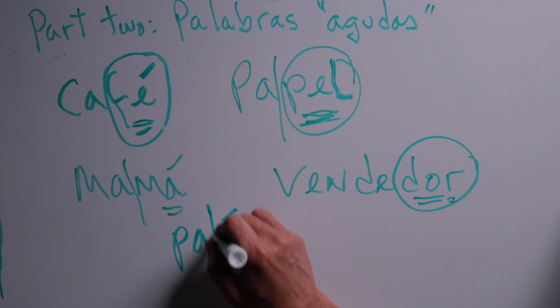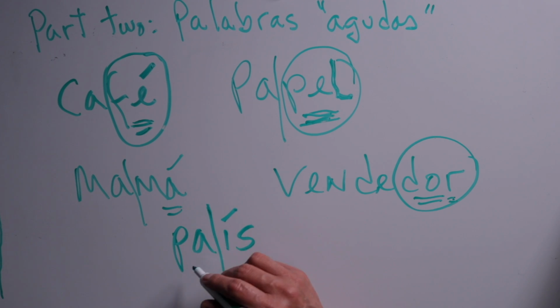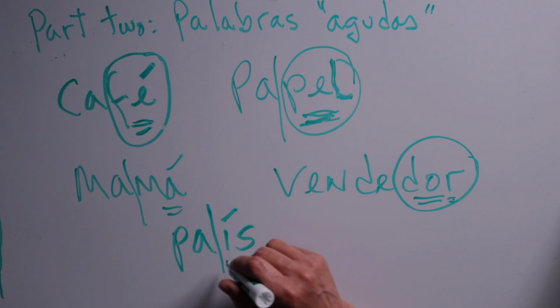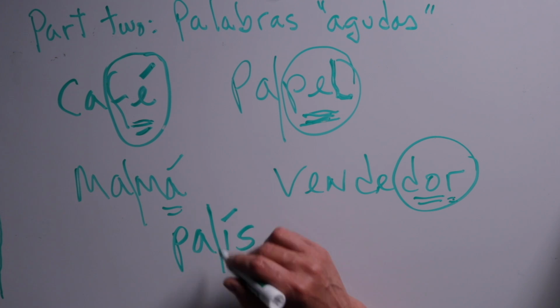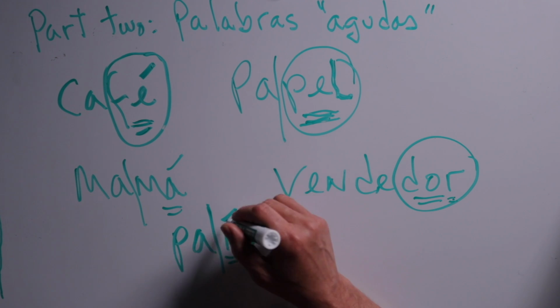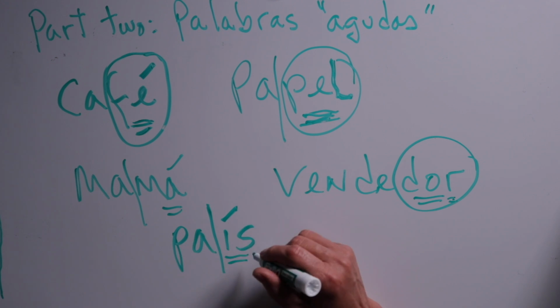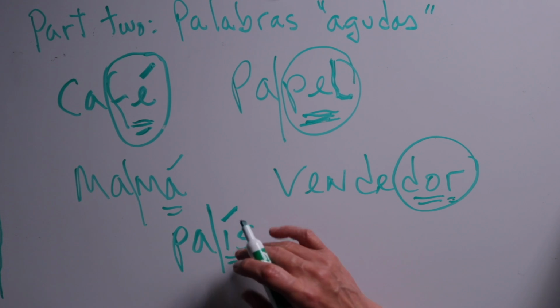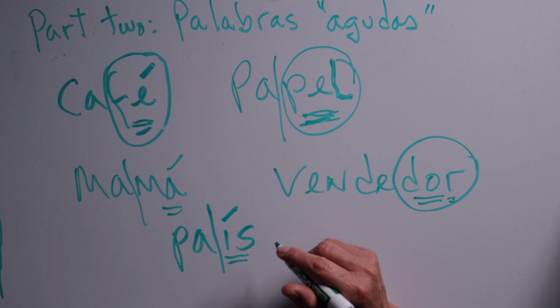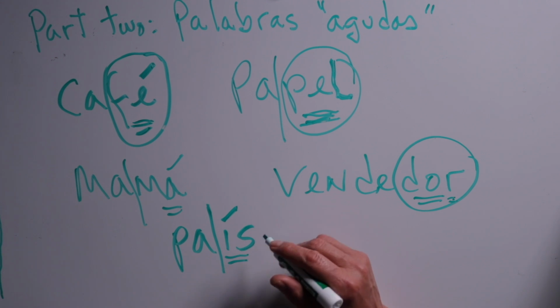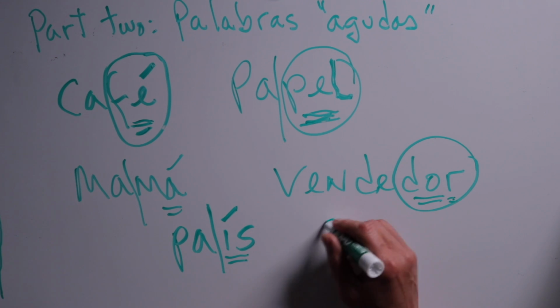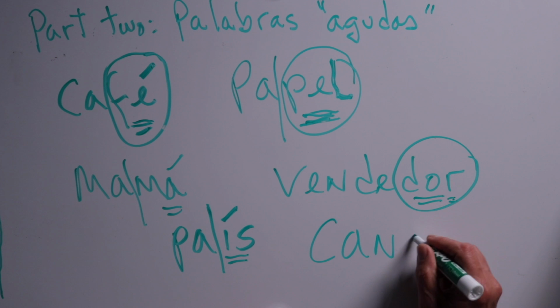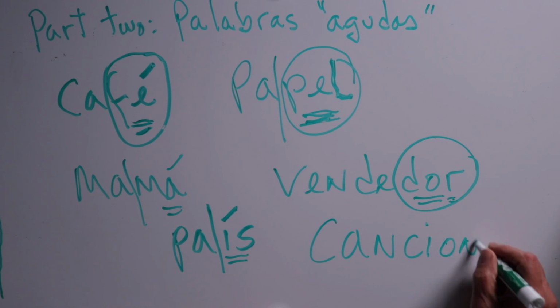Allow me to give you another one. The word país, right? País. I hope that you hear that this is the stressed syllable. And I hope that you understand why I put an acento here. This is a palabra aguda ending in S, therefore I have to write down the acento. And I will give you the last one, the word canción. And I can make a rule here.